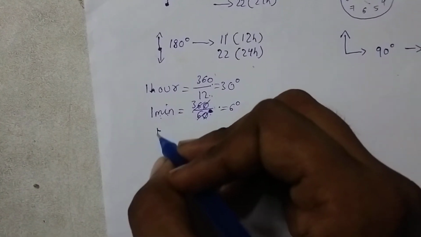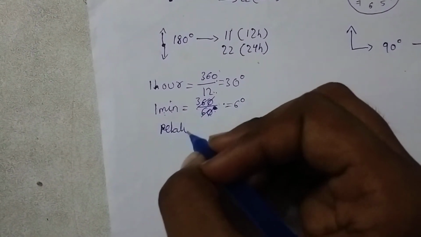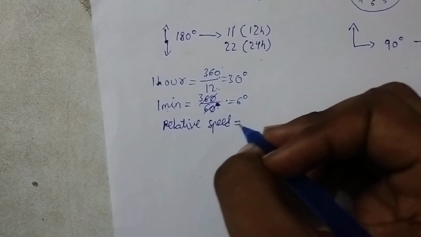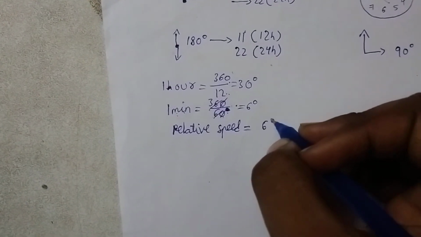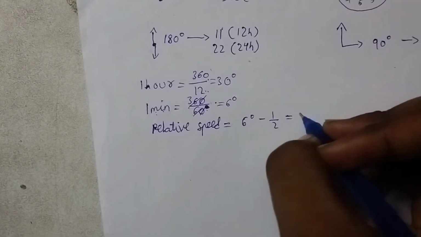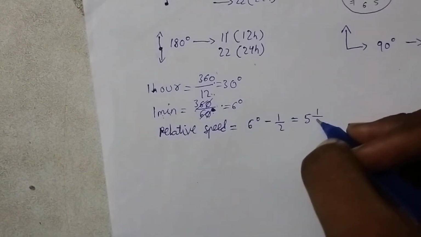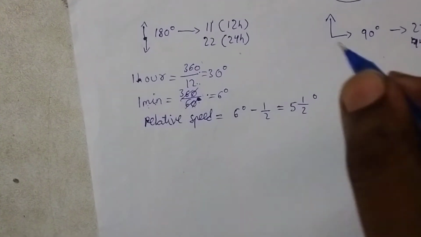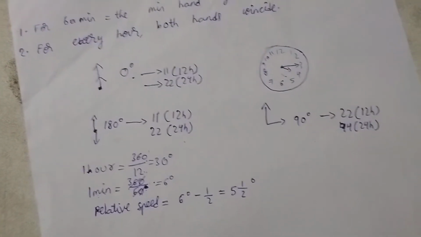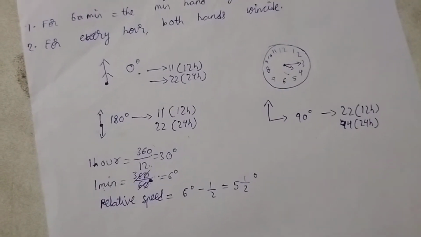For that we simply subtract 1 by 2 from the degree of the minute hand, which gives 5.5 degrees. This is the basic concept of clocks.